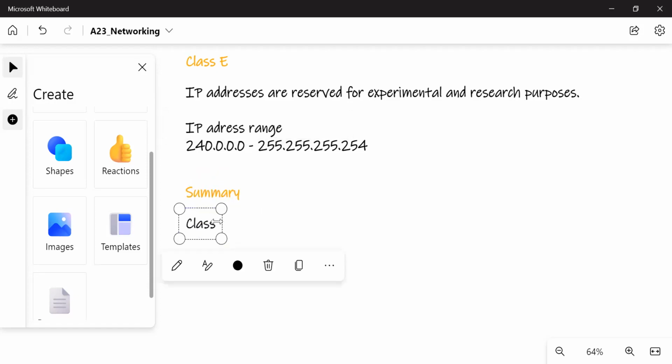So we can talk about the address ranges for each class.